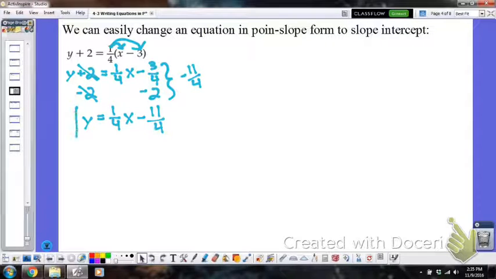So my equation, y equals 1/4 x minus 11/4, is the same as the original point slope form. So both of these are acceptable ways, and they both rear their head at certain situations. And they're easier in certain situations.